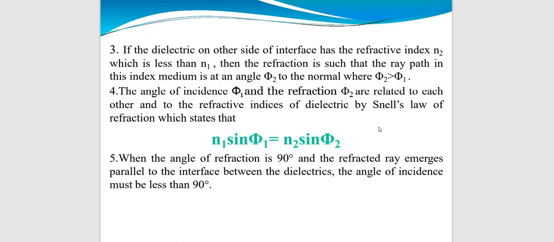According to Snell's law, this can be expressed as N1 sin phi 1 equals N2 sin phi 2. When the angle of refraction is 90 degrees and the refracted ray emerges parallel to the interface between the dielectrics, the angle of incidence must be less than 90 degrees.